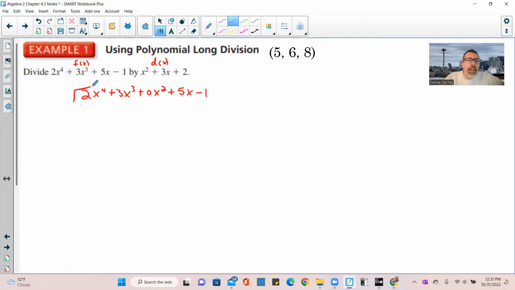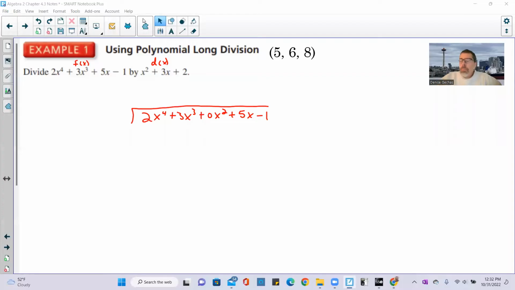And we're going to divide that by x squared plus 3x plus 2. I didn't give myself enough room, so I had to move that over a little bit. Now we're dividing by x squared plus 3x plus 2.